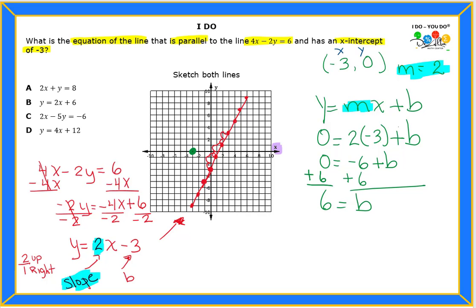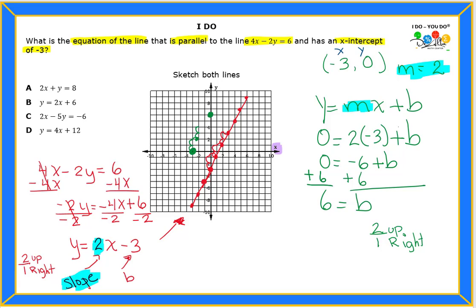So I can just find 6 over here. Let me show you, it's right up here. And that will be my y-intercept. Now, the slope, we agree is the same as my previous one. Therefore, I am going to go 2 up and 1 to the right. If you do that, I'm going to come back to the lowest point that is here. 2 up, 1 to the right.